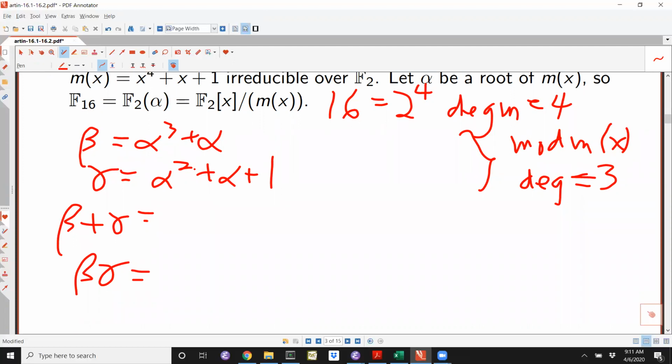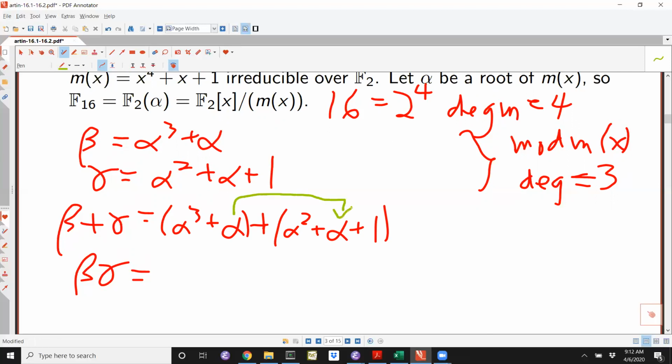Anyway, first, when you add beta plus gamma, you get alpha cubed plus alpha plus alpha squared plus alpha plus 1. And now the one interesting thing that happens here, the reason I wanted to add in that alpha, is that we see that these two terms added together give you 2 alpha. This field is still characteristic 2, which means that 2 alpha is still equal to 0.